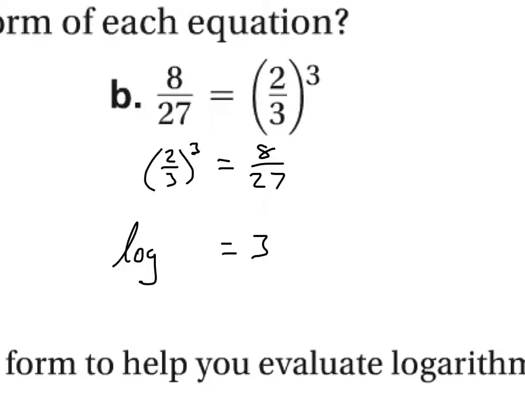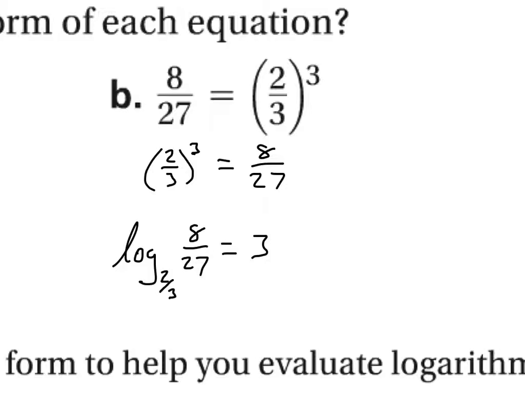What's the base of my log? 2/3. And I'm taking log of what? 8/27. So log base 2/3 of 8/27 equals 3. What does that mean? That means 2/3 to the third power equals 8/27.